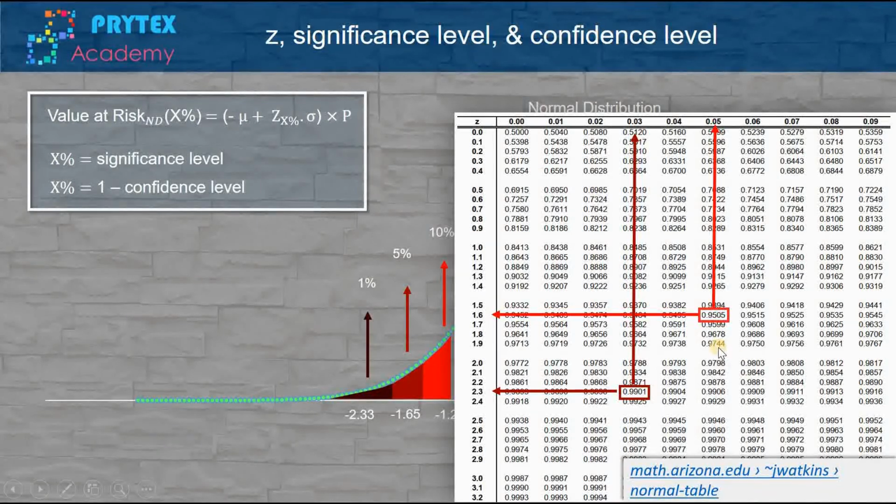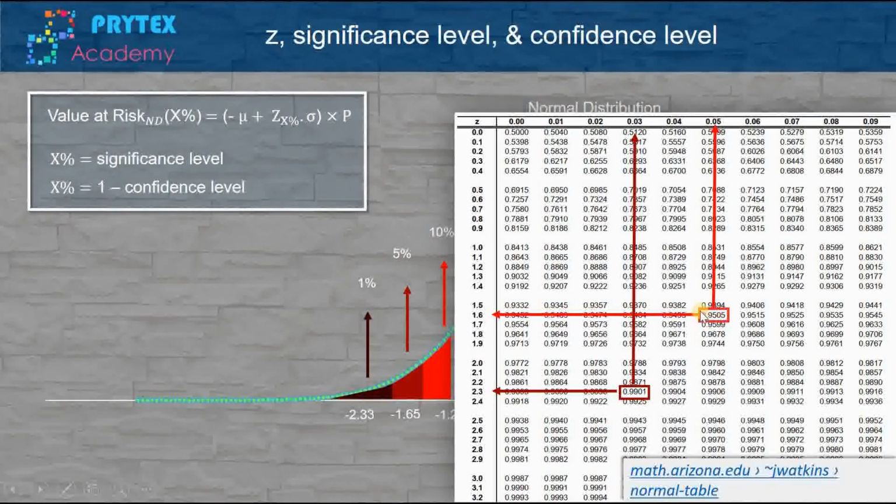So let's say we want to calculate the Z value for 95% confidence. 0.9505 can be rounded off to 0.95 confidence, that is 95% confidence, and 95% confidence level means 5% significance. So let's calculate the 5% significance Z value.